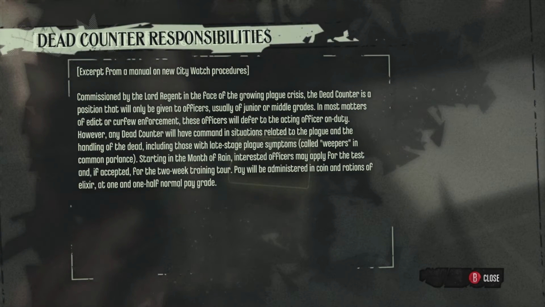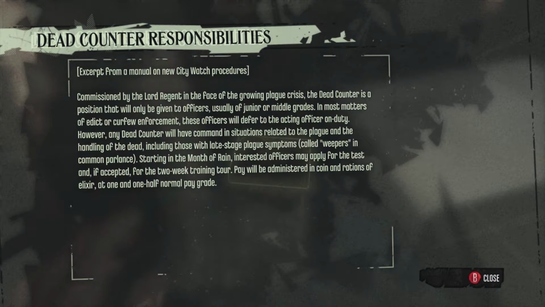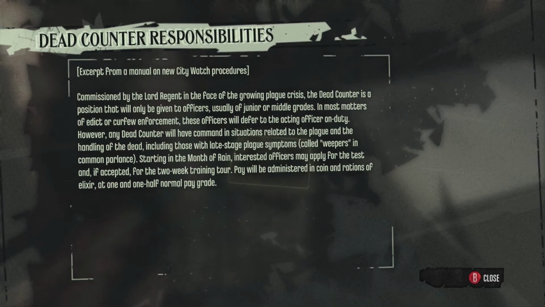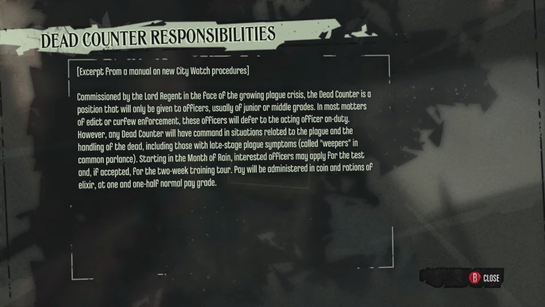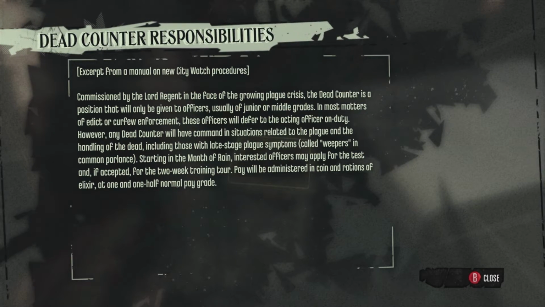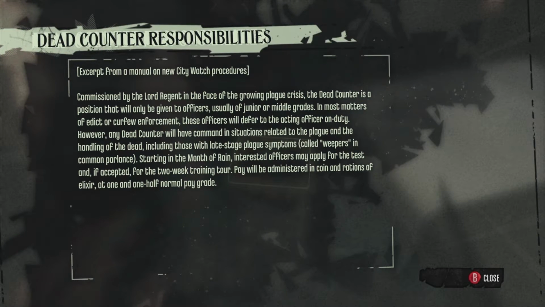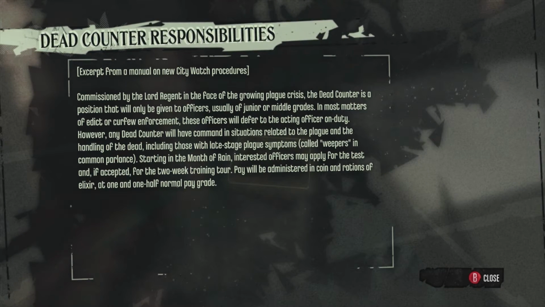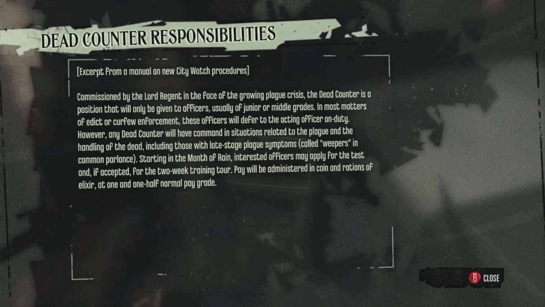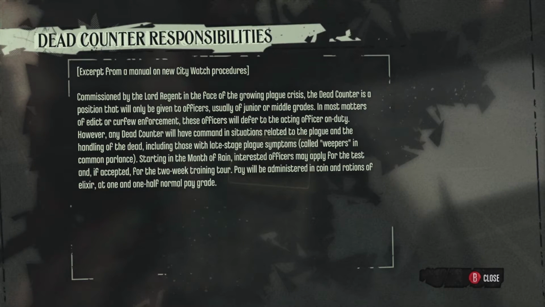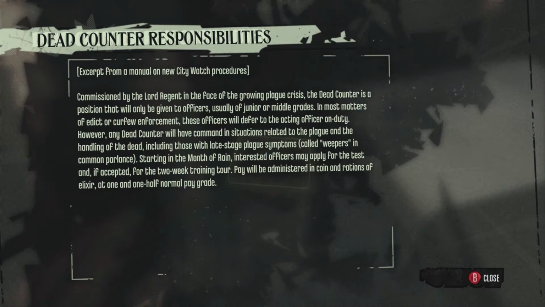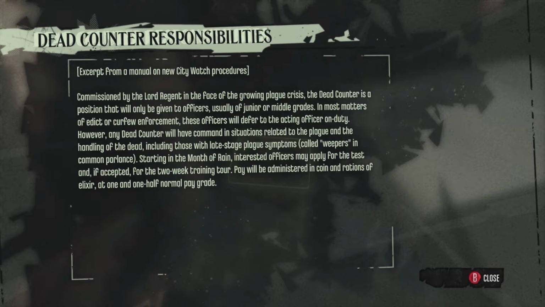Excerpt from a manual on new city watch procedures. Commissioned by the Lord Regent in the face of the growing plague crisis, the dead counter is a position that will only be given to officers, usually of junior or middle grades, in most matters of edict, which means a command or law that's put into place, or curfew enforcement. These officers will defer to the acting officer on duty.